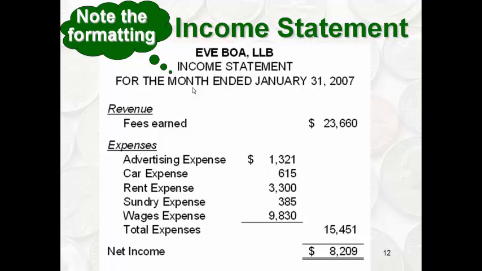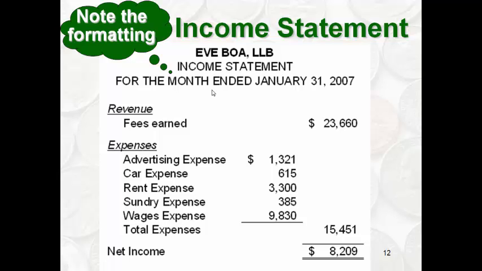The income statement, because we're looking at the profit over a period of time, is phrased differently. This one, for the month ended January 31st, 2007, tells us, first of all, when it says for the month ended, that this statement covers a period of a month. Which month? Well, if it's ending January the 31st, it's covering the month of January.